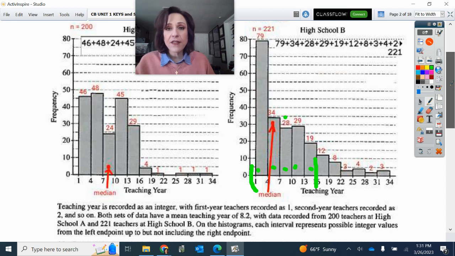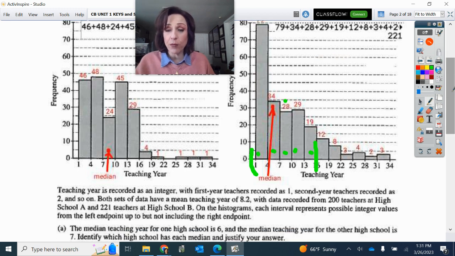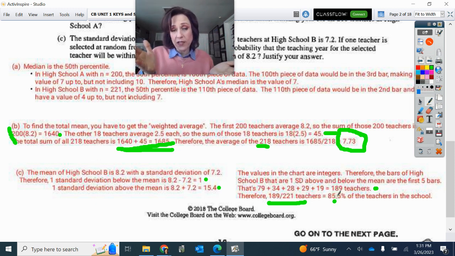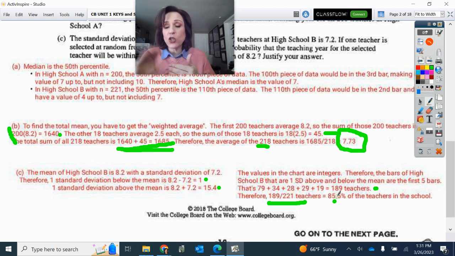The third component was then turning that number into a percentage because it's a probability. So 189 divided by the total of 221 is 85.5%. If you went straight from saying the bounds are 1 to 15 and then you went to 85.5%, you lost credit for showing that process of how you came up with 85.5 and you would have gotten partial credit.